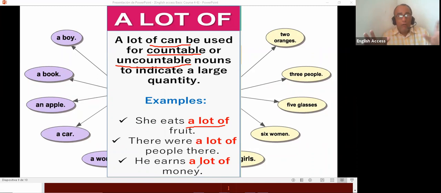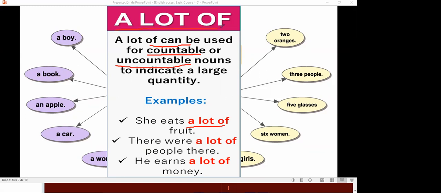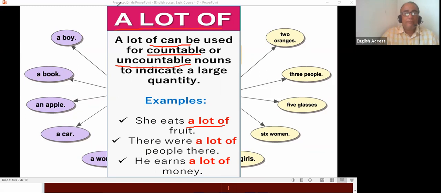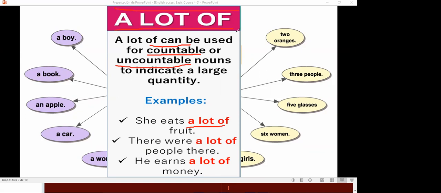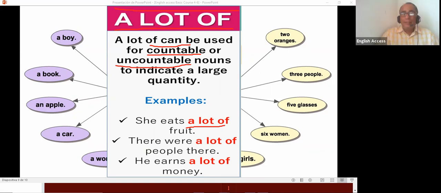Si te fijas, a lot of lo puedo usar con el contable de celulares, a lot of cell phones, one cell phone, two cell phones, three cell phones, o con sugar, a lot of sugar, mucha azúcar. Entonces, ¿qué significa a lot of? Mucho o mucha. Mucha azúcar, muchos celulares. Okay. Sí. But the difference is that you can use this a lot of with all nouns, con todos los sustantivos.